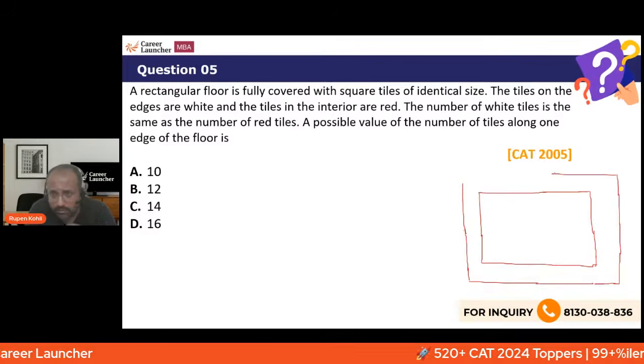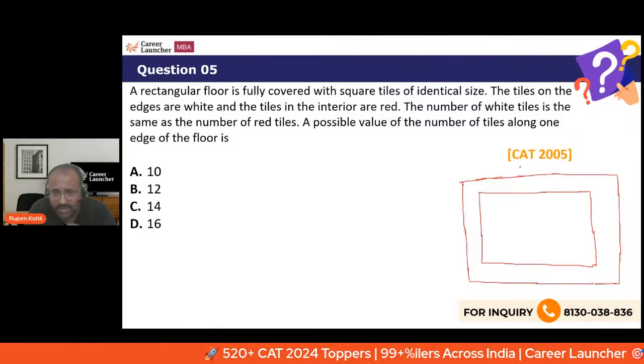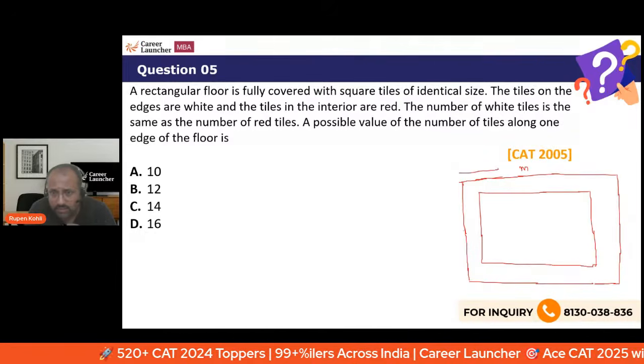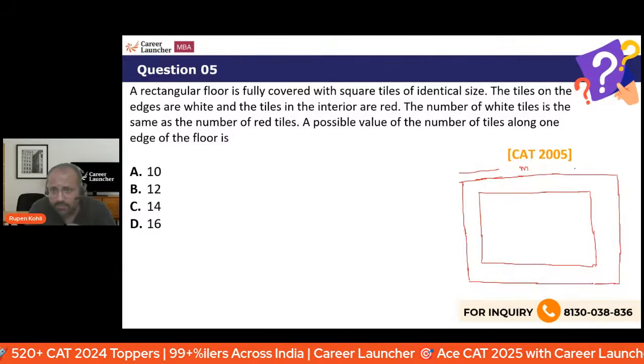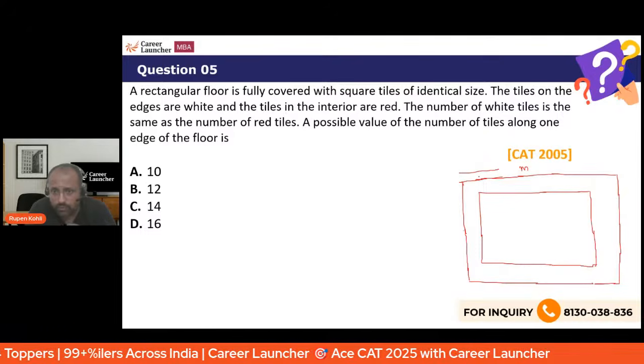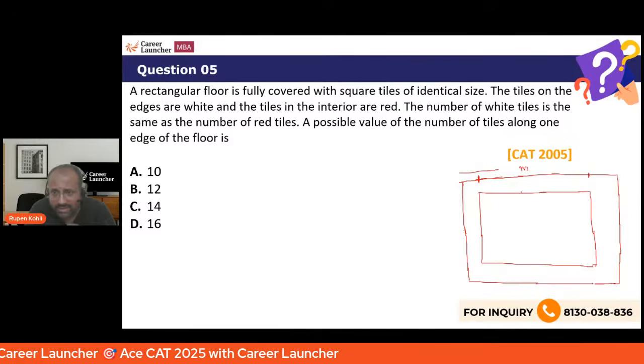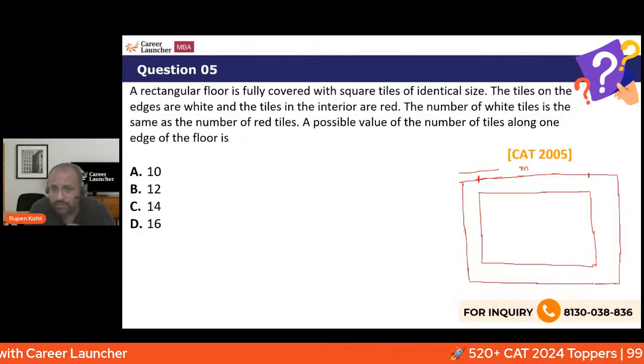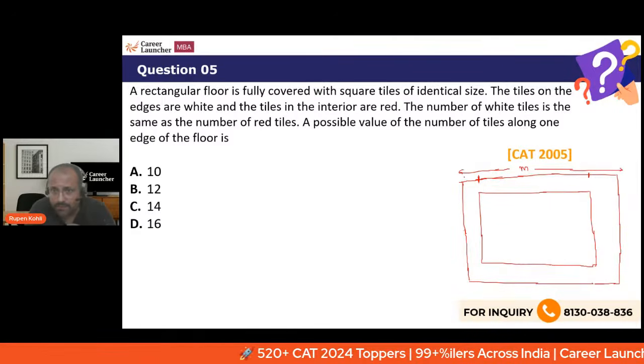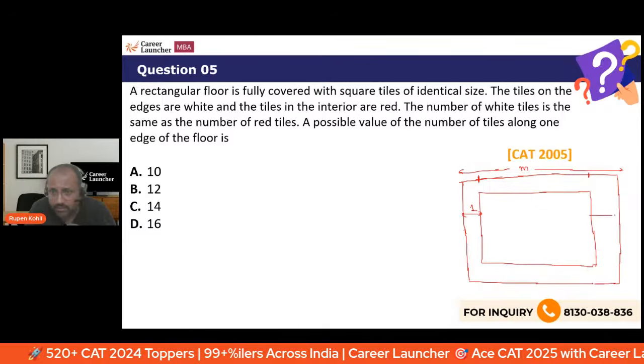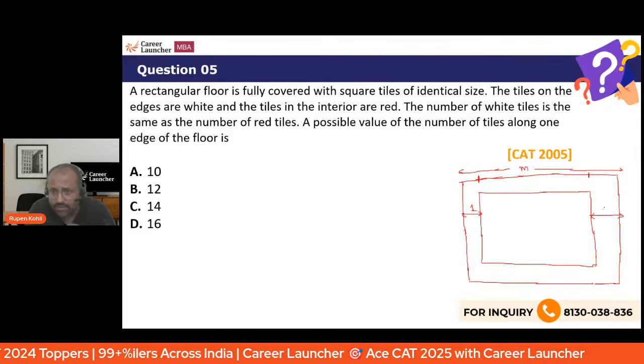Originally if it was an m by n grid, which means m tiles along this dimension, I want to define the number of tiles along the interior. So if it was m tiles across the entire boundary, then I have left one tile from here, I have left one tile from here. So in total, two tiles have been left out.